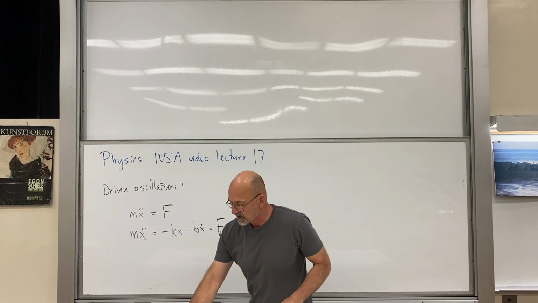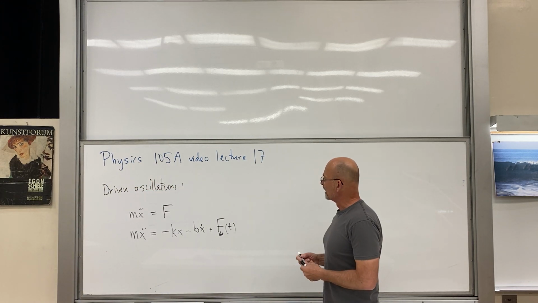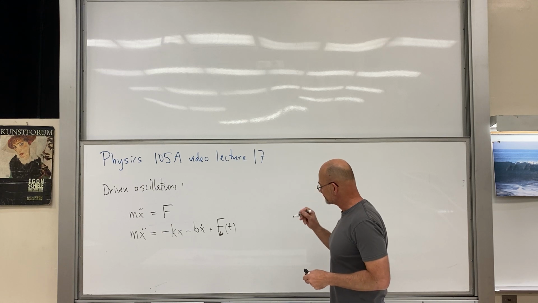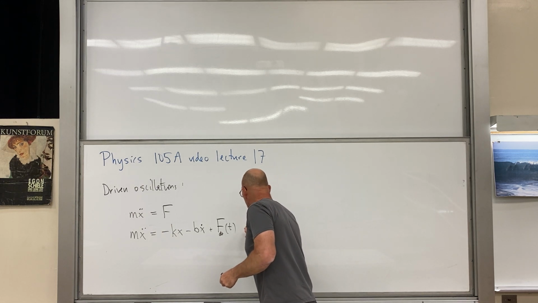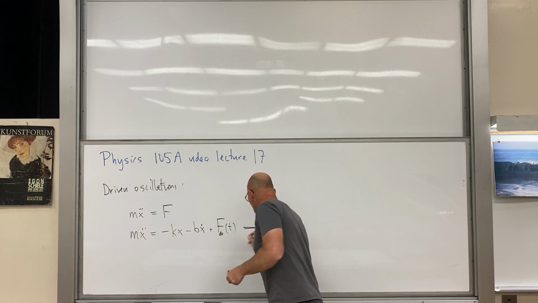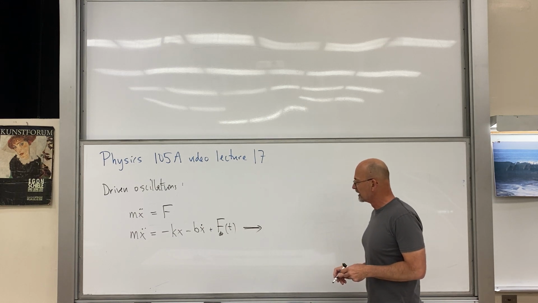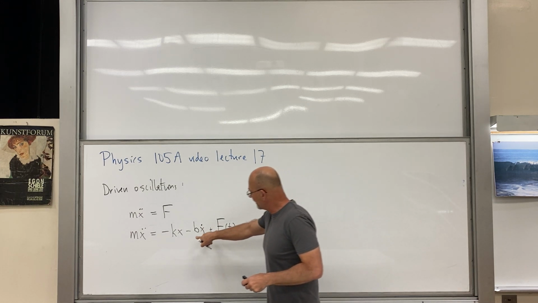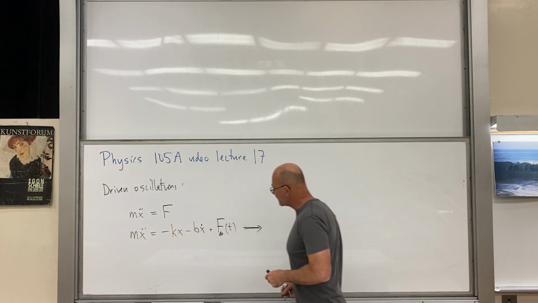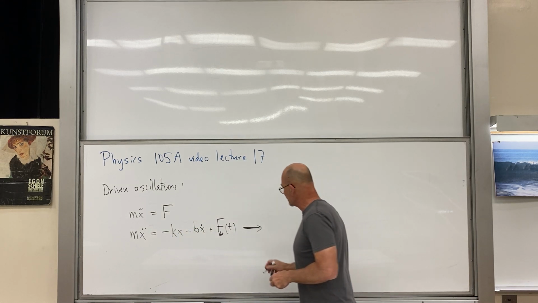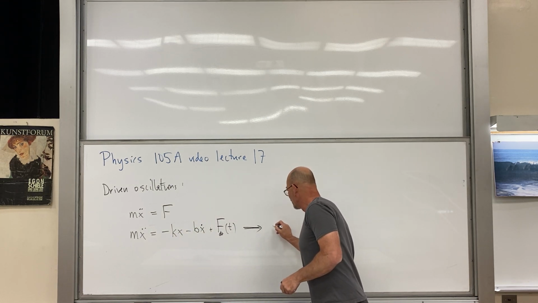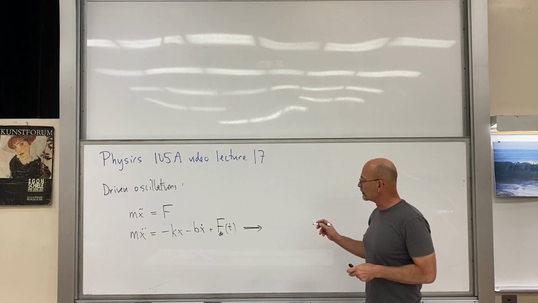So let's continue to work on these things right here. When we go ahead to solve it, we will bring these two to the left side, and divide by the mass the way we did before.